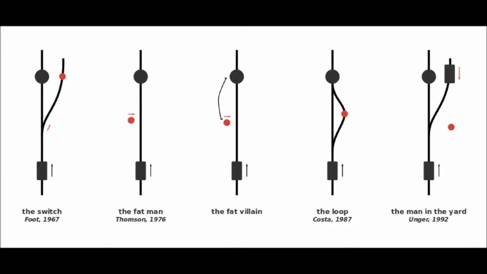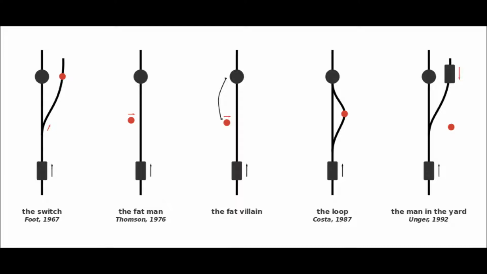And the distinction that the people who don't want to pull the switch make here is that there's a difference between actively being involved in killing someone and passively allowing someone to die.